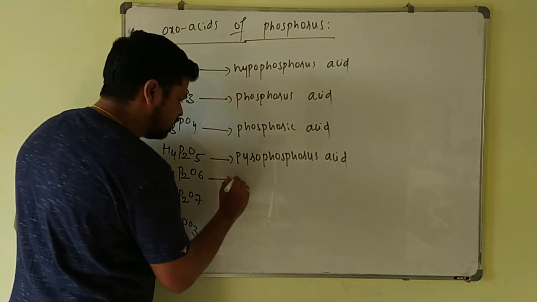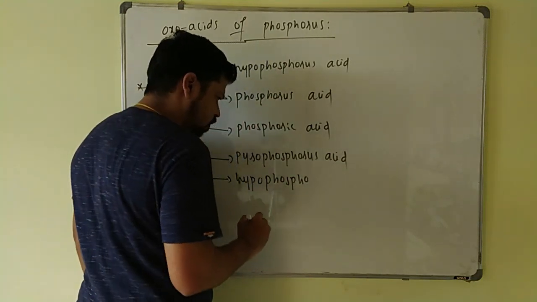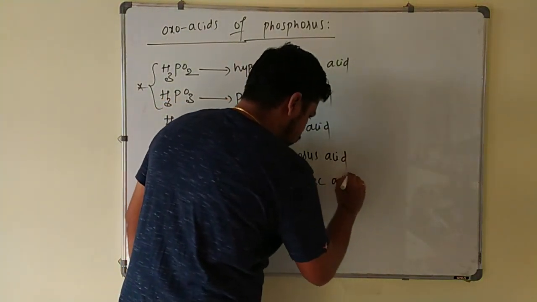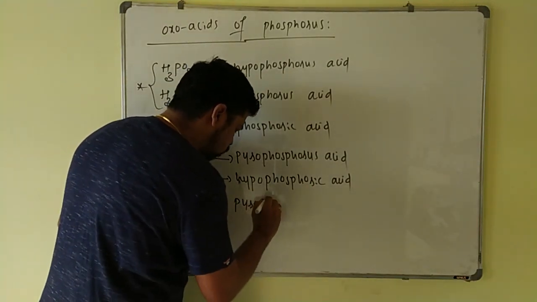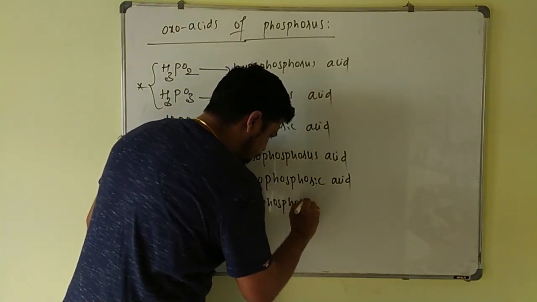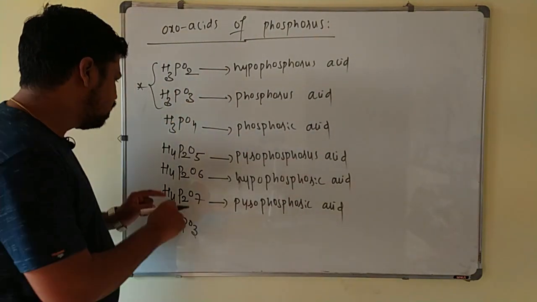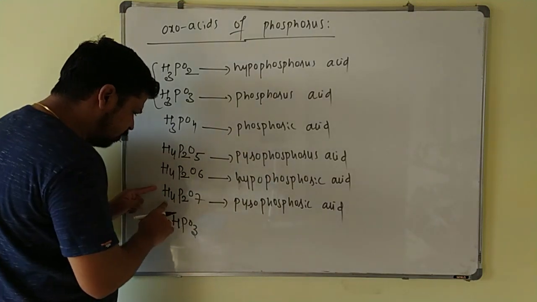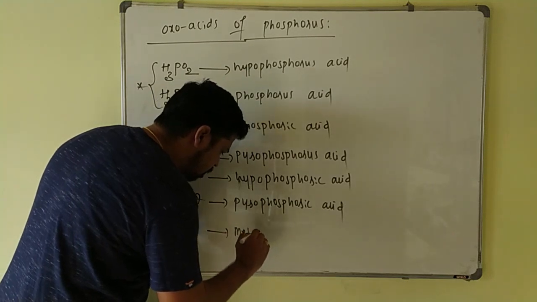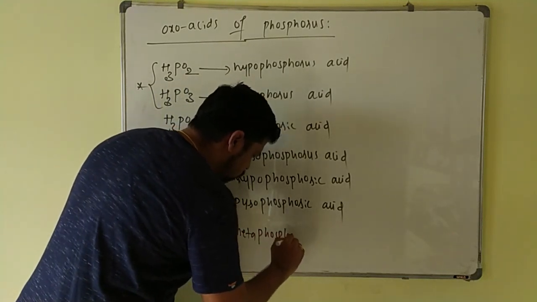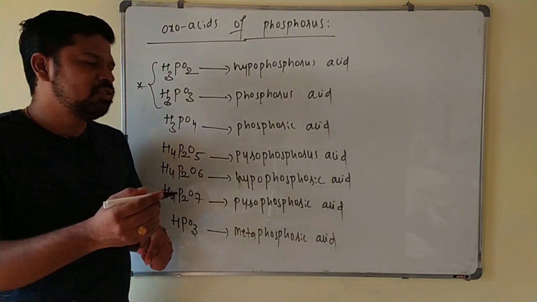Next is hypophosphoric acid, and this is again pyrophosphoric acid. This is a pyrophosphorus acid, the "-ous" acid, and this is the "-ic" acid: H4P2O5 the "-ous" acid, H4P2O7 the "-ic" acid. The last one is metaphosphoric acid. These are the important oxoacids of phosphorus.